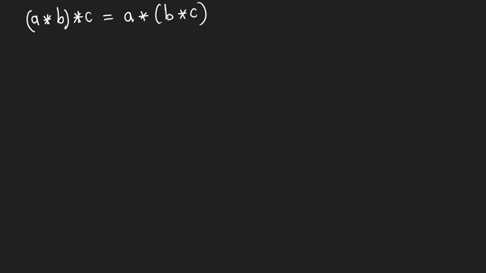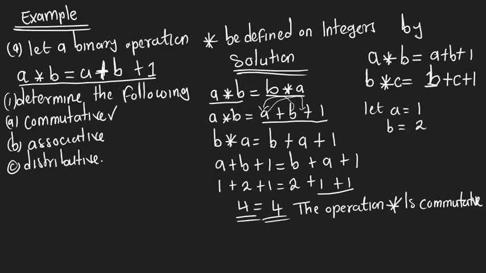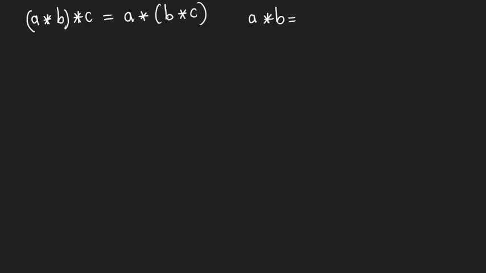Now, according to the question, A star B, according to the operation, is equal to A plus B plus 1. The key is to prove that what is on the left and what is on the right are the same.